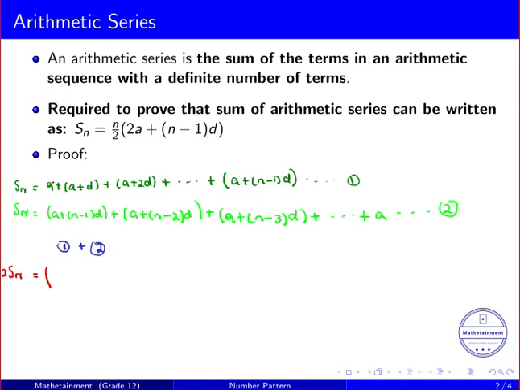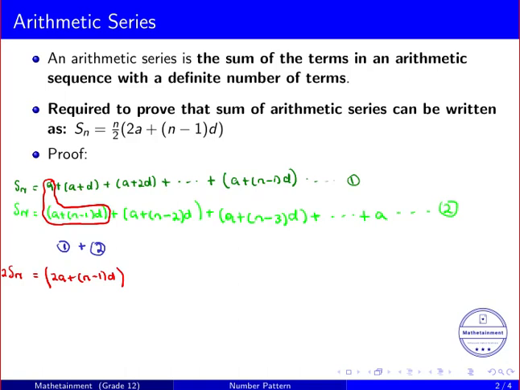Let me circle the part that you are adding. So a plus a is 2a, plus (n minus 1) times d.